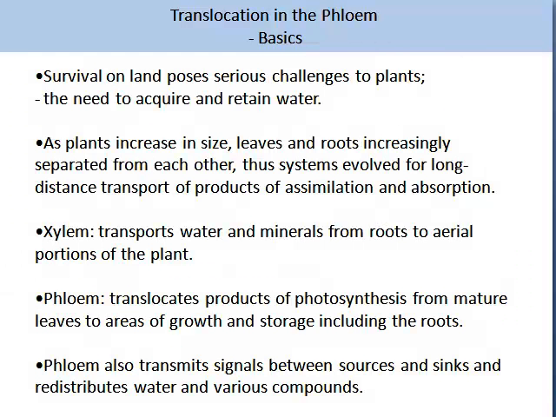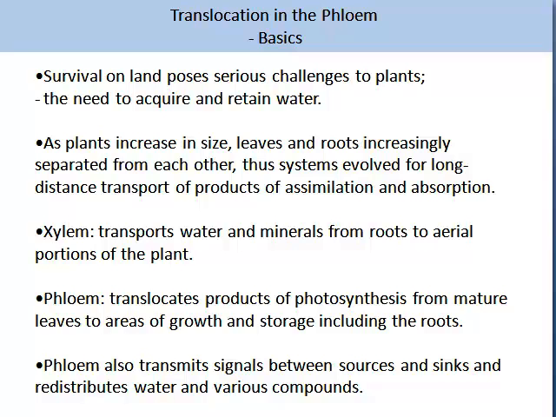For plants, survival on land poses serious challenges. They need to acquire and retain water. As plants increase in size, leaves and roots become increasingly separated from one another. Thus, systems evolve for long-distance transport of the products of assimilation and absorption.